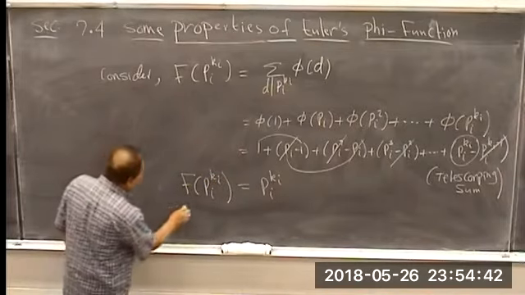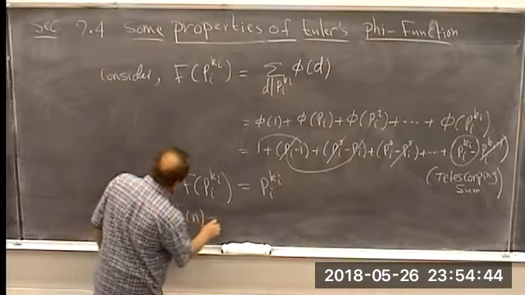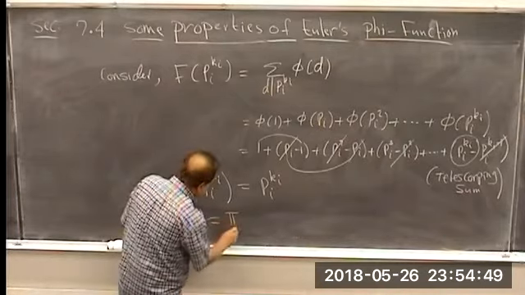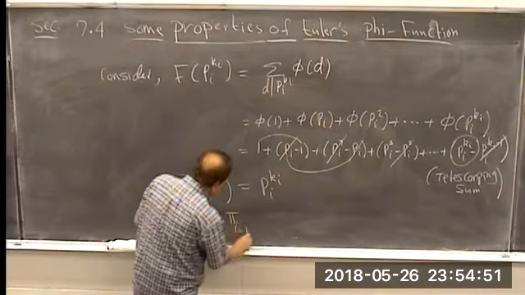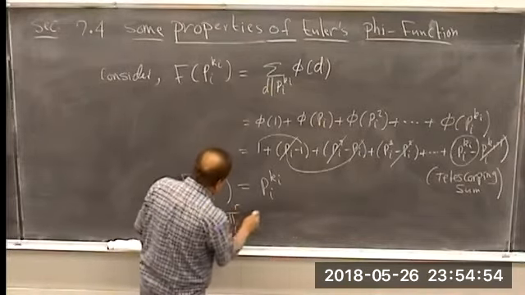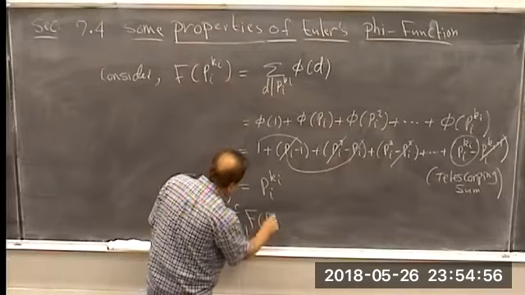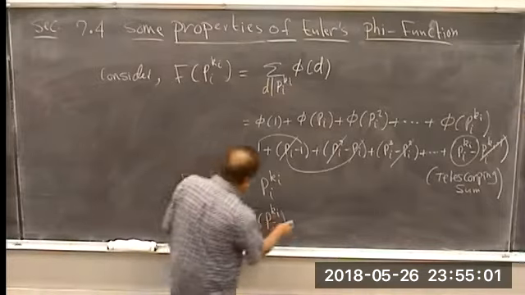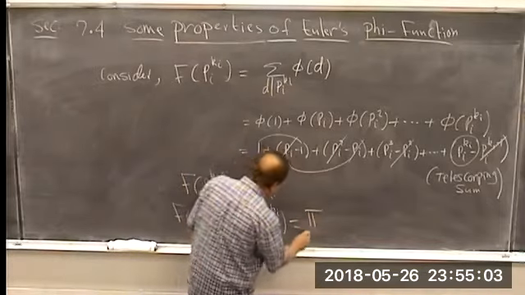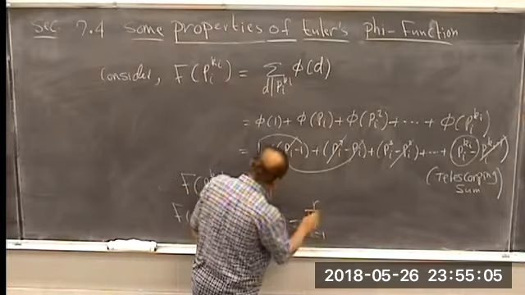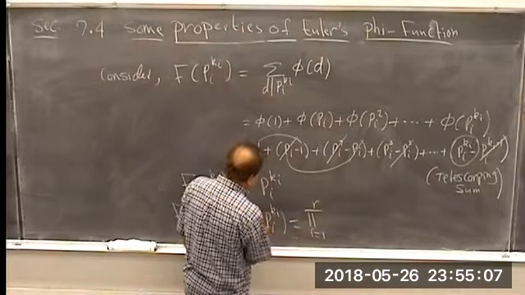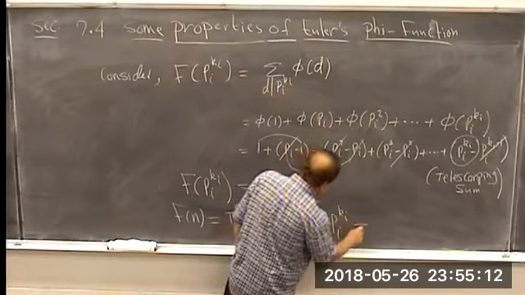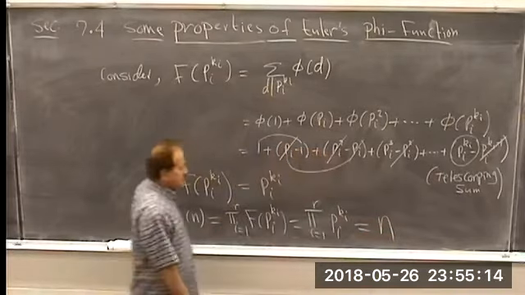Now, f of n is equal to the product for i equal 1 to r of f of p_i to the k_i. But now we have f of p_i to the k_i equal to p_i to the k_i, and the product is equal to n.